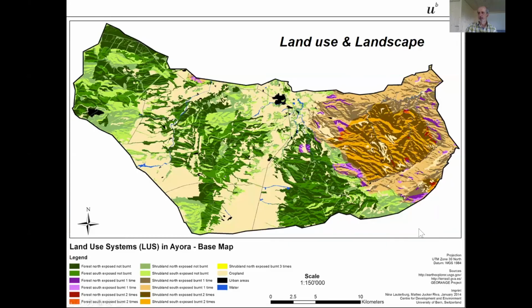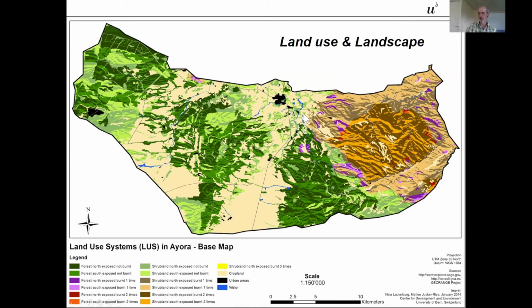Okay. Now we did an assessment in terms of fire risk in that area for a bigger landscape here, you see. And all the ones here in reddish, brownish colors, these are areas that already experienced forest fires. Burned 1 time, burned 2 times, some areas even burned 3 times.